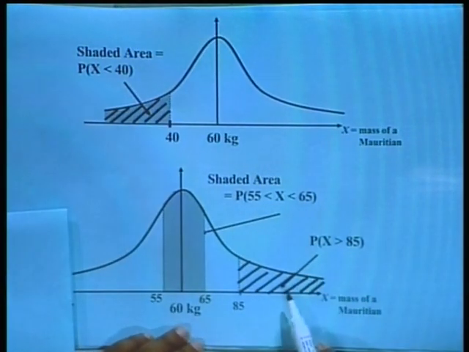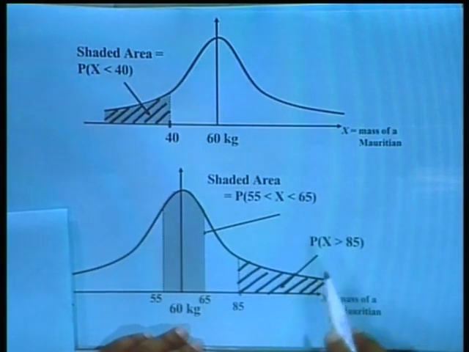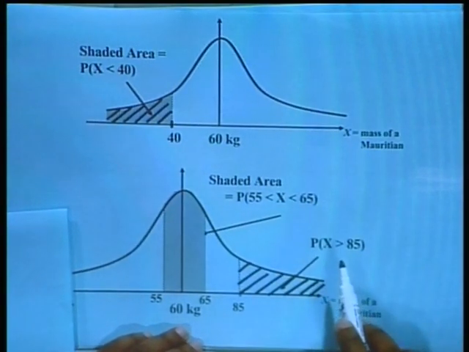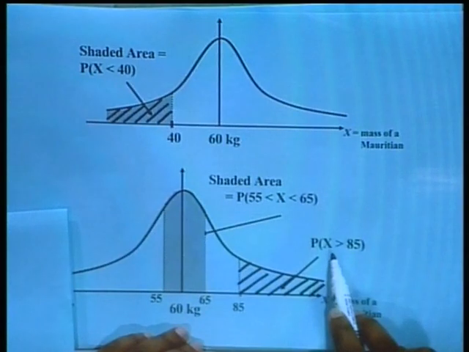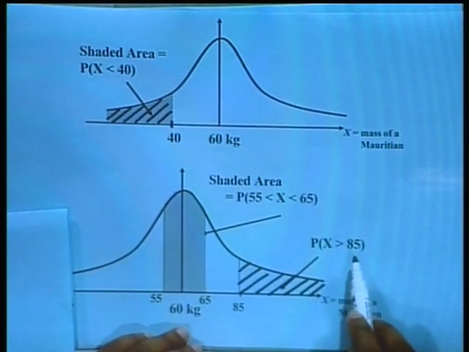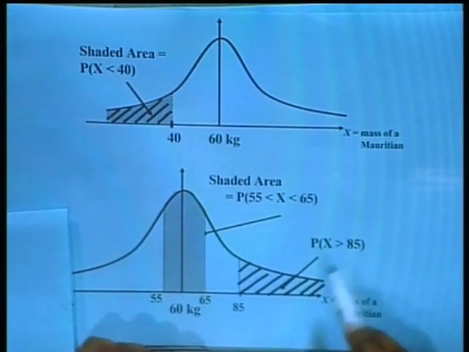So this is the area representing the probability that the mass of a Mauritian chosen at random will be greater than 85 kilograms.